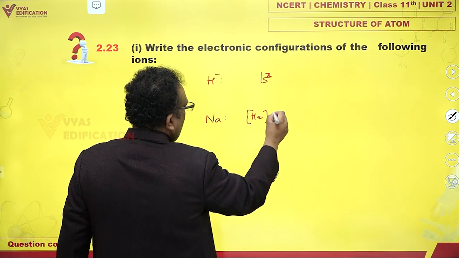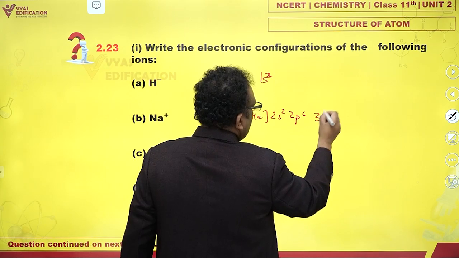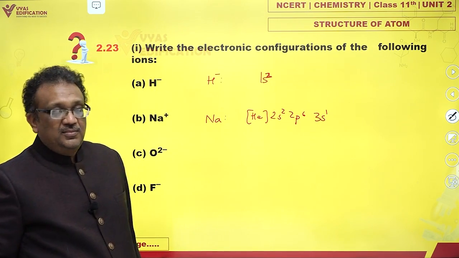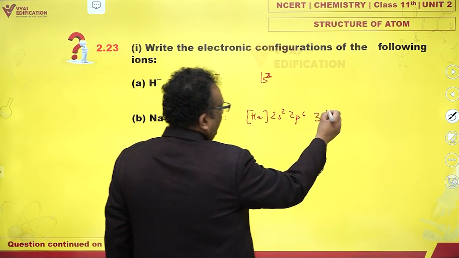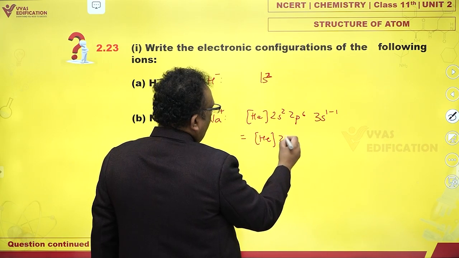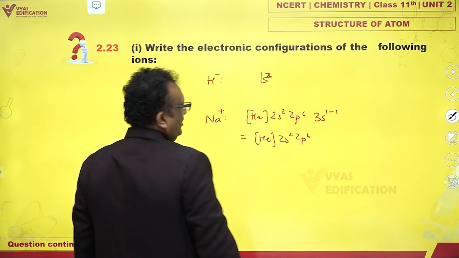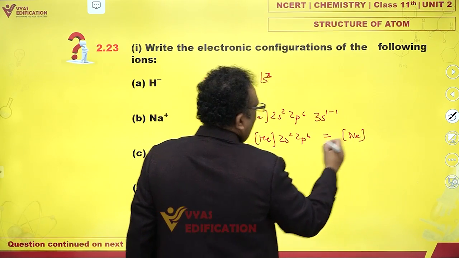helium, which is 1s2, 2s2, 2p6, 3s1. This is sodium. If you want to make it sodium plus, well, you have to remove one electron, and this becomes helium, 2s2, 2p6. That's it, which is as good as neon.